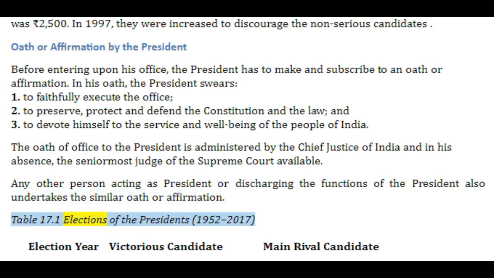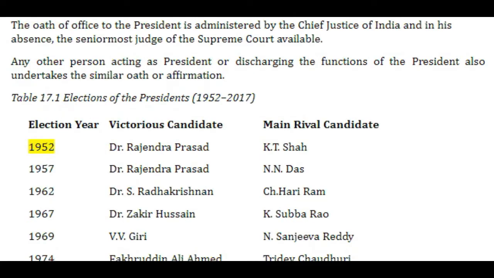Table 17.1 Elections of the Presidents, 1952 to 2017. Election year. Victorious candidate. Main rival candidate. 1952. Dr. Rajendra Prasad. K.T. Shah. 1957.